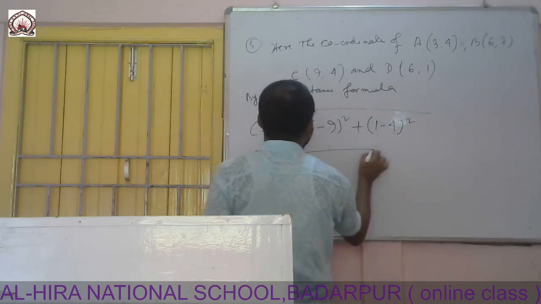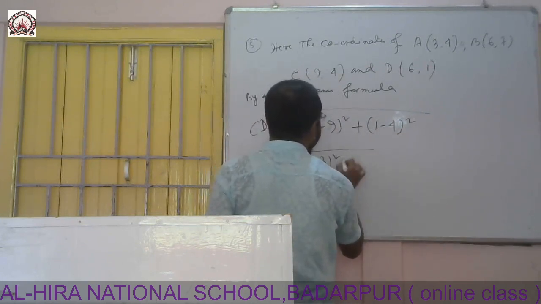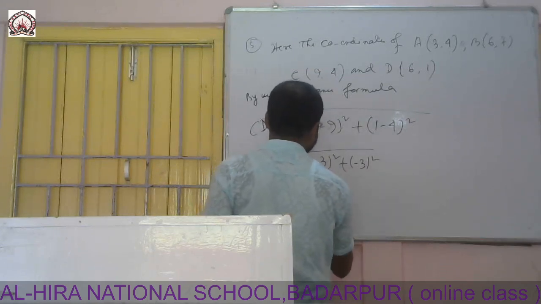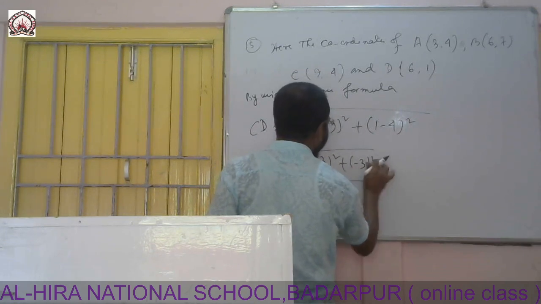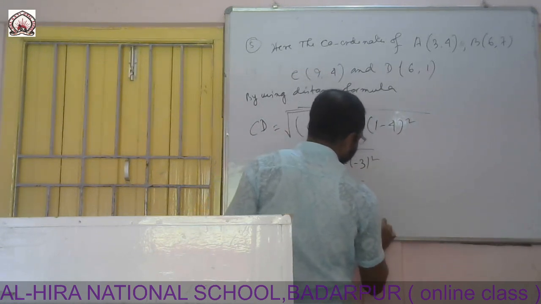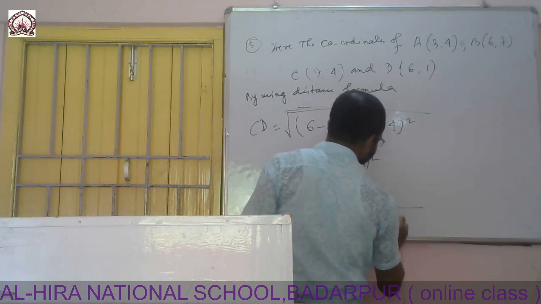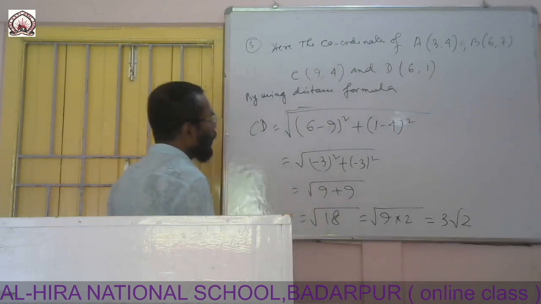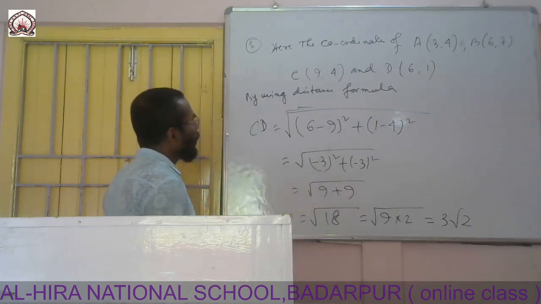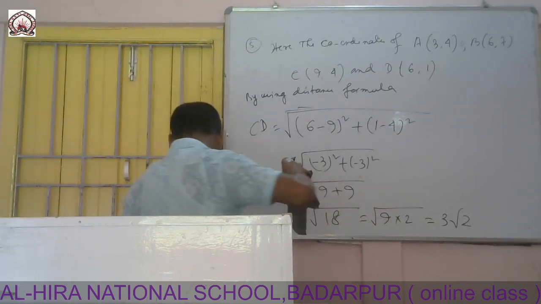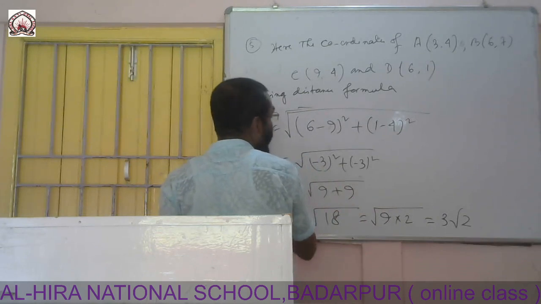It is minus 3 square, then minus 3 square. So minus 3 square is 9 plus minus 3 square is 9. Again it is 18, and 18 we can break into 9 into 2. So it is 3 root 2. So AB is 3 root 2, BC we are getting 3 root 2, CD also we are getting 3 root 2.